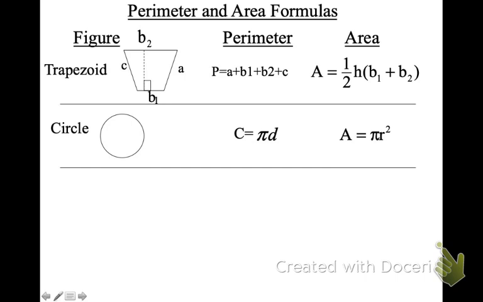Okay? Now, in terms of the area, the formula is we take half of that distance across. When I have a distance across, we call that the diameter.